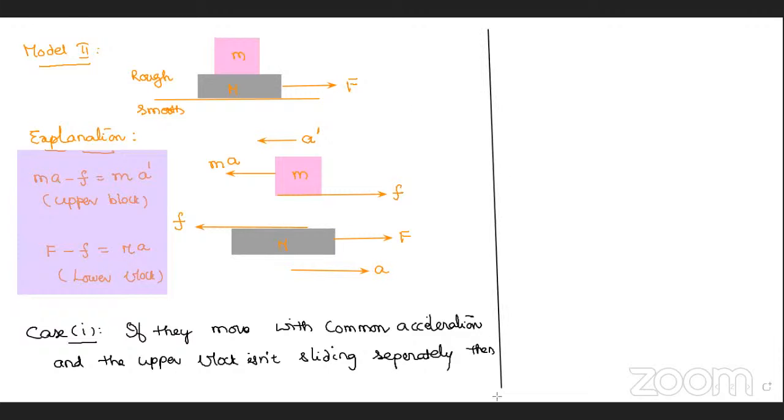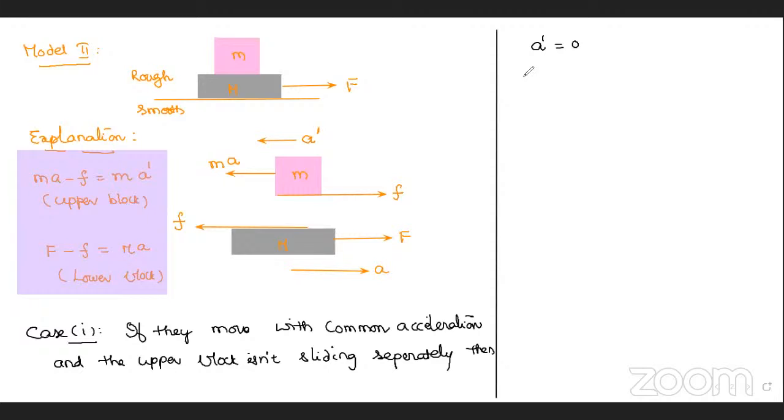Since the upper block is not sliding separately, I write here A dash, what you told, that I put here, 0.